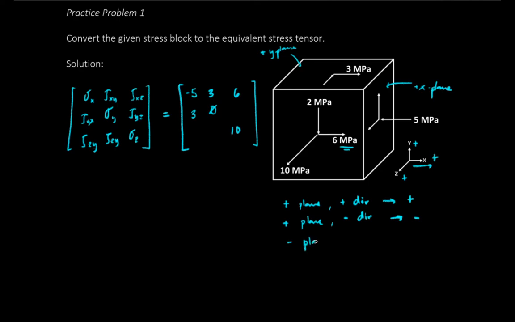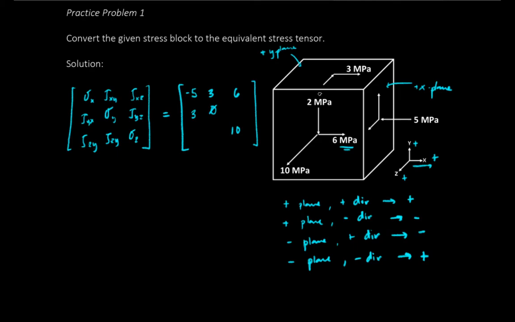If it's a negative plane and it's a positive direction, then we have a negative shear stress. And lastly, if it's a negative plane and it's moving in a negative direction, then you'll have a positive shear stress.